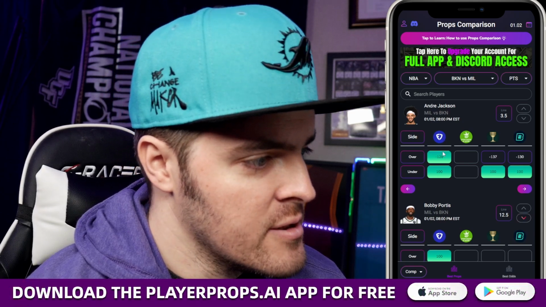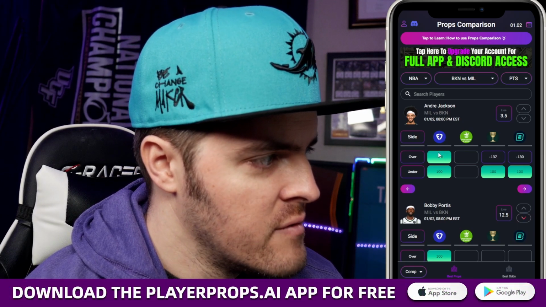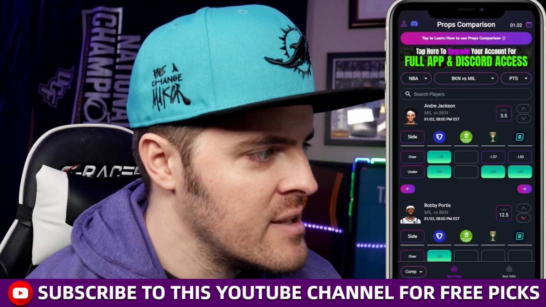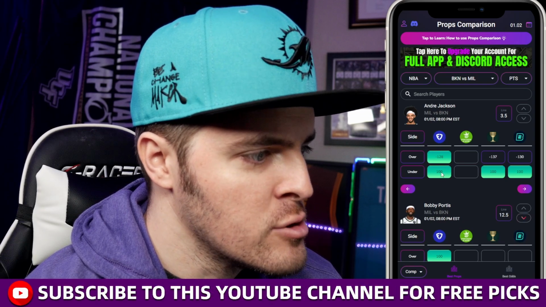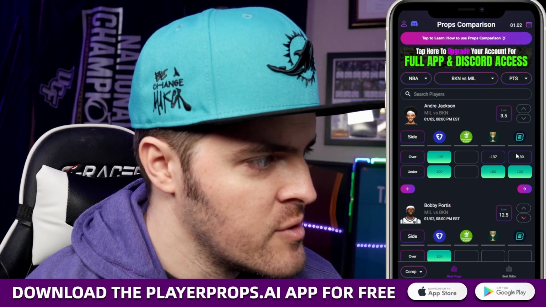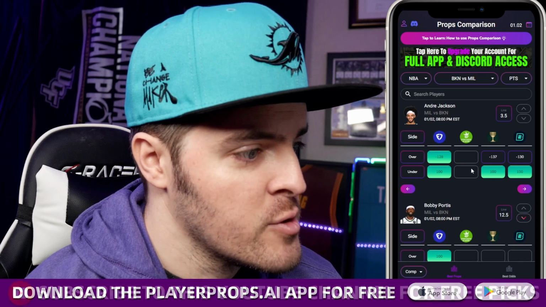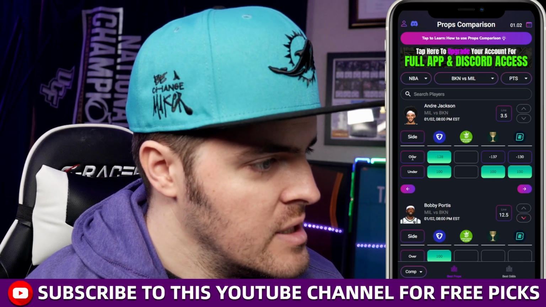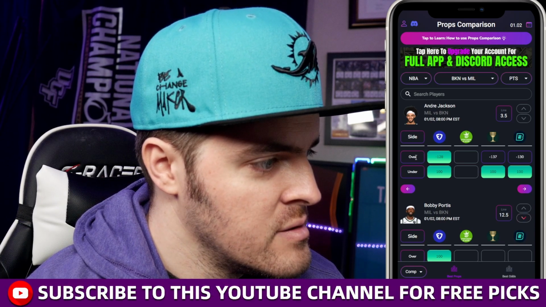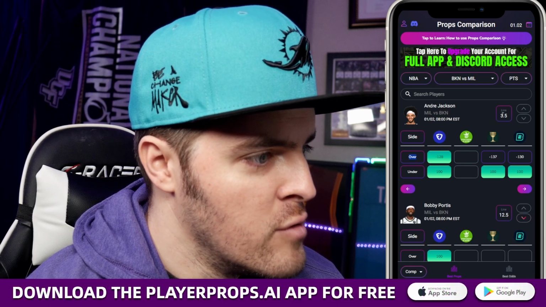So what do we see here? We see that there are some of these that are highlighted in this very teal green color, and then some of these are not highlighted at all, like the -137, -130, and then some of these are completely blank. So let's go through what exactly it means in here. We have designated the top row here as the over row, over 3.5.